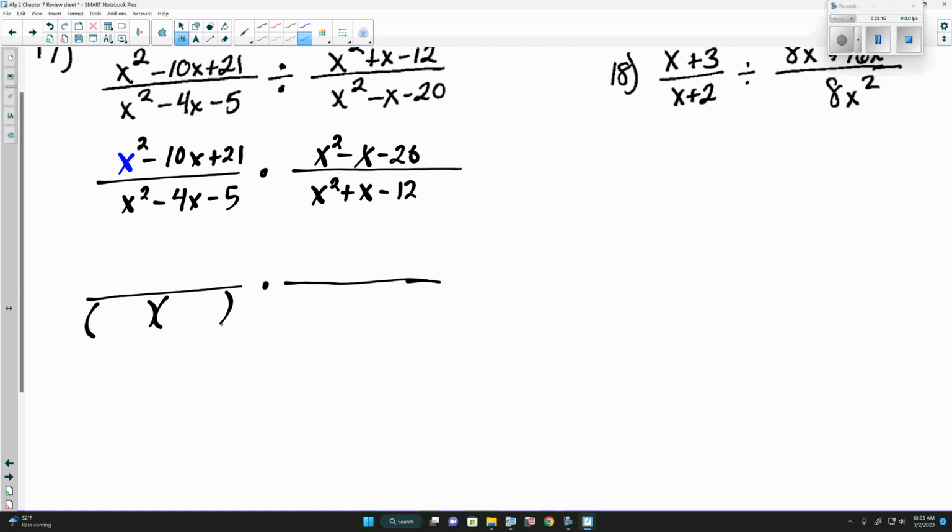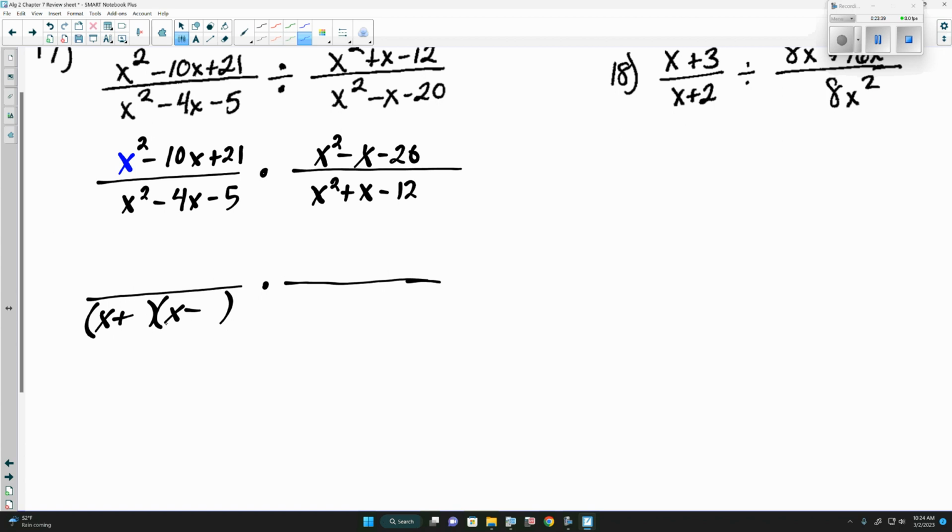I'm going to do the x squared minus 4x minus 5 first. Since, again, no greatest common factor, since the 5's negative, our signs are opposite. Factors of x squared are x and x. Those are the only factors of x squared. Factors of 5 are 1 and 5. Those are the only factors.